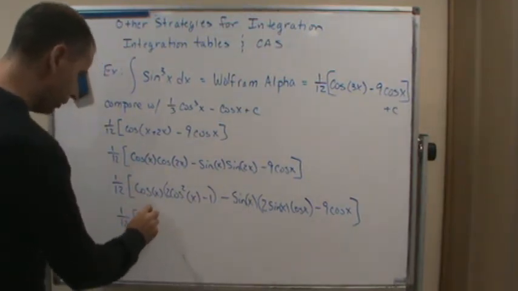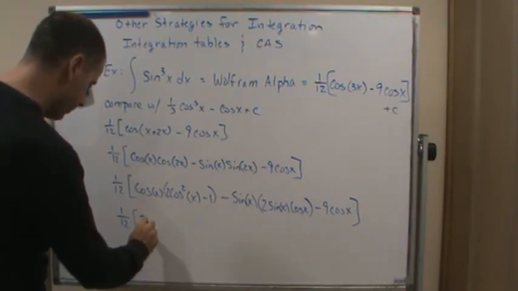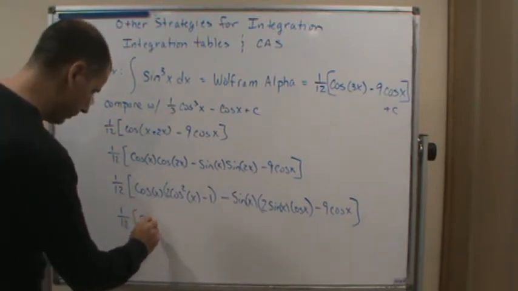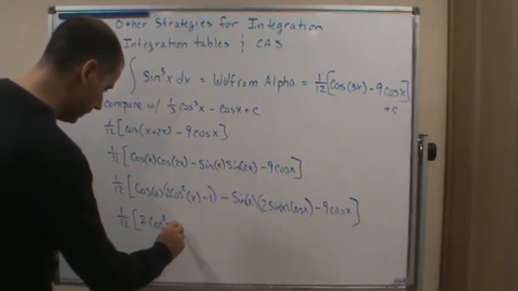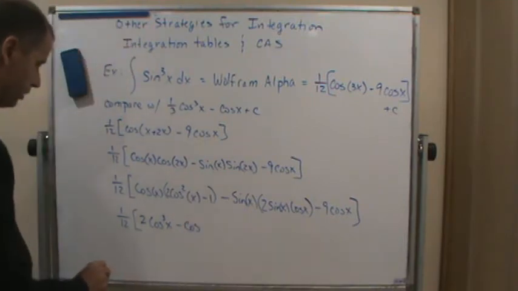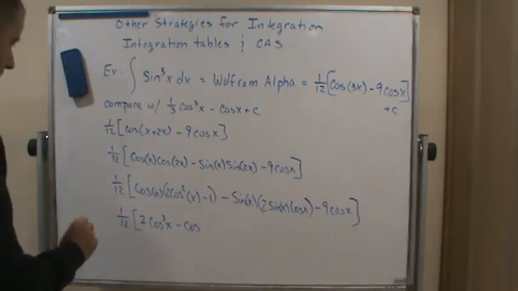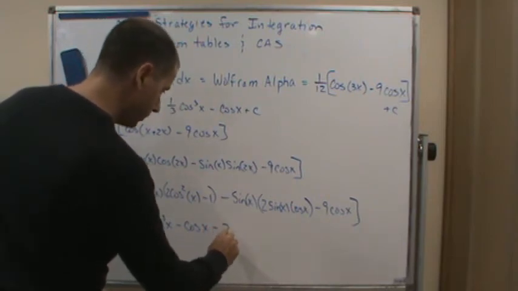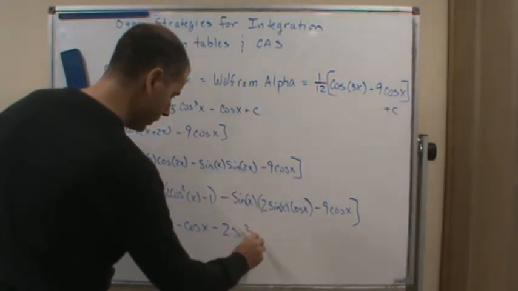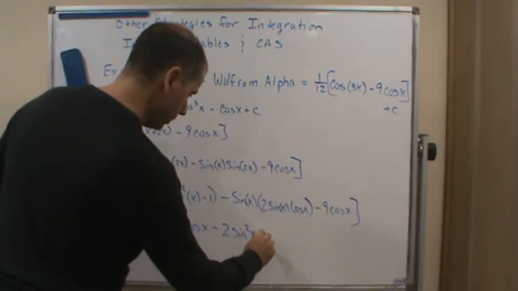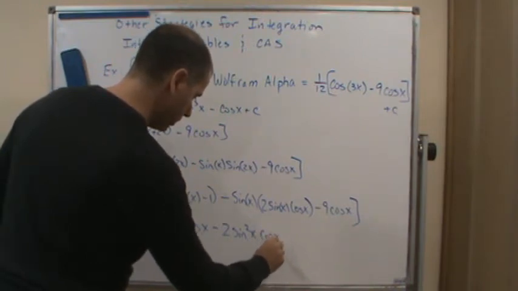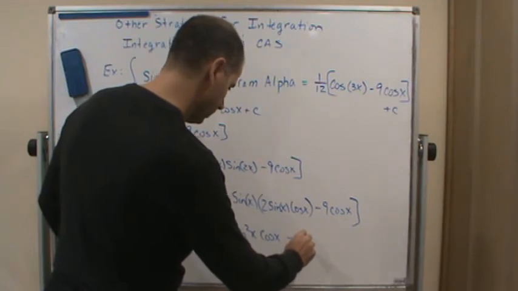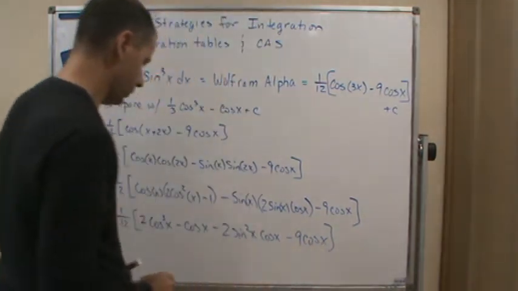So we're going to end up with 2 cosine cubed x minus cosine x minus 2 sine squared x cosine x minus 9 cosine x.